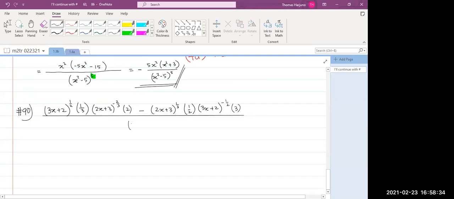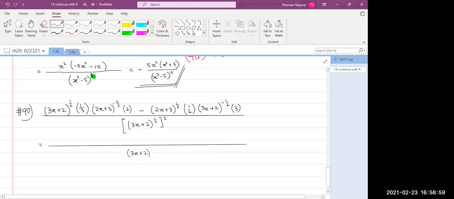And we get 3x plus 2 to the power of 1/2 being squared at the bottom. If anything is easy from this question, it's the denominator. Do you think so? The denominator becomes 3x plus 2.